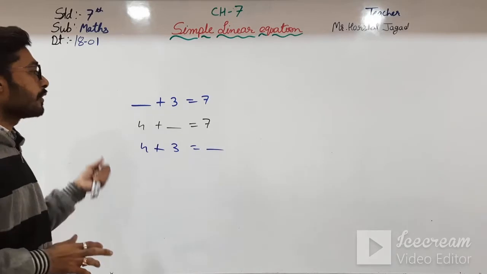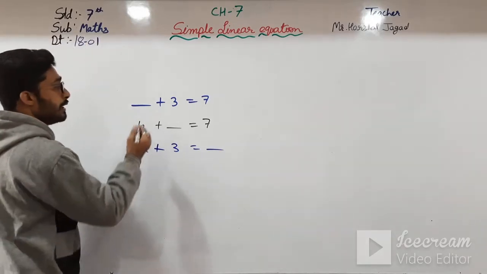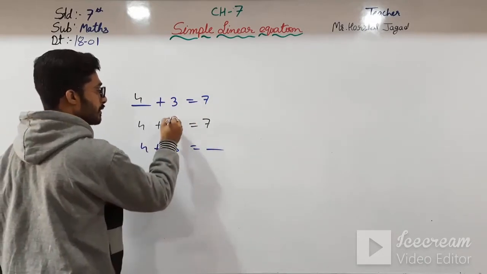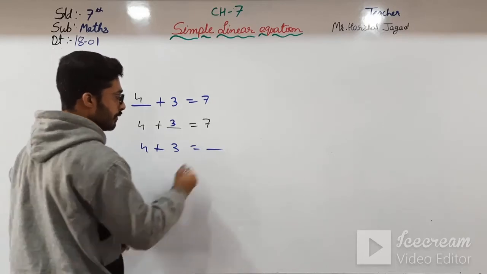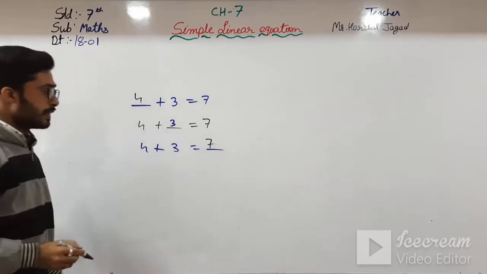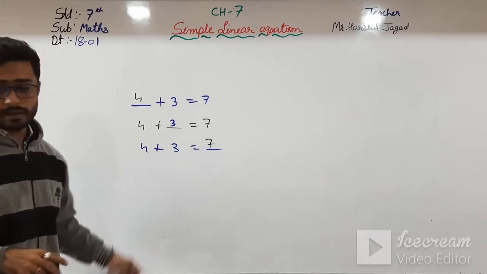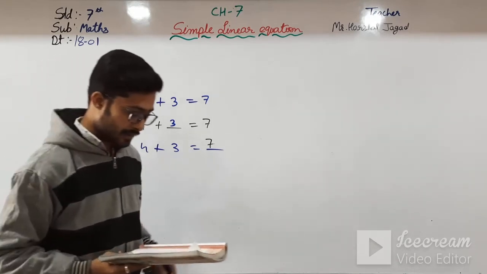These types of cases you have just seen in the previous classes. Then we know that 4 plus 3 is equal to 7. Now moving forward, to do these problems we must first learn them.